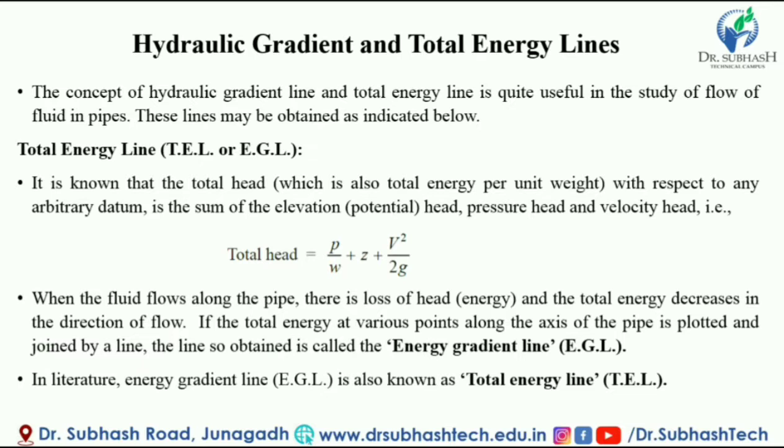This line is called the energy gradient line. In literature, the energy gradient line is also known as the total energy line. Why do we say total energy line? It's a line of the various points of total energy, so that's why we call it the total energy line. So the energy gradient line and total energy line are the same.